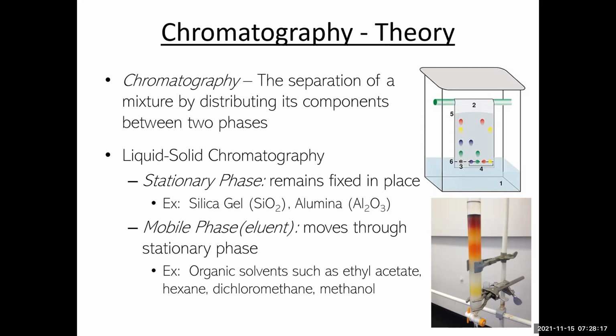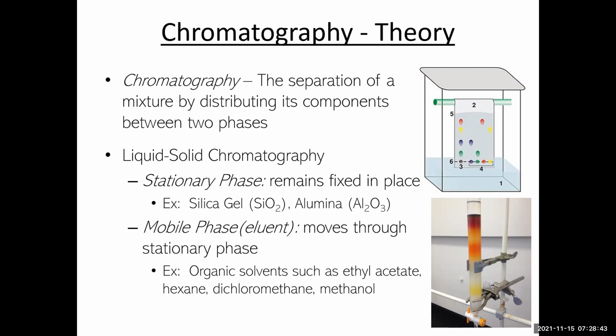One of the reasons why those four solvents in particular are so common is because ethyl acetate and hexane are miscible. Even though ethyl acetate is much more polar than hexane, they do happen to be miscible, which is a great feature for making different polarity solvents by varying the amount of ethyl acetate or hexane in a mixture. And then also dichloromethane and methanol are a miscible pair of solvents.